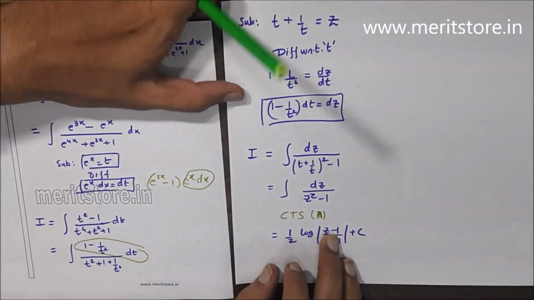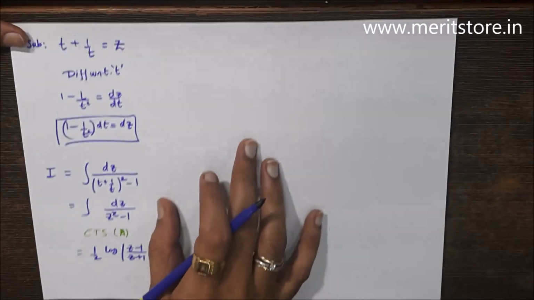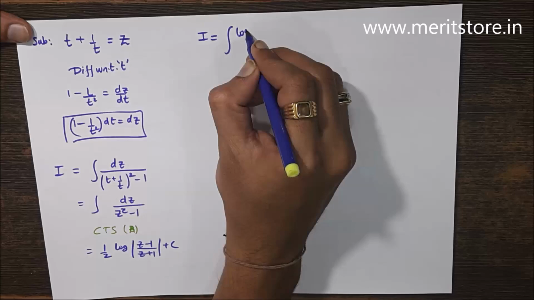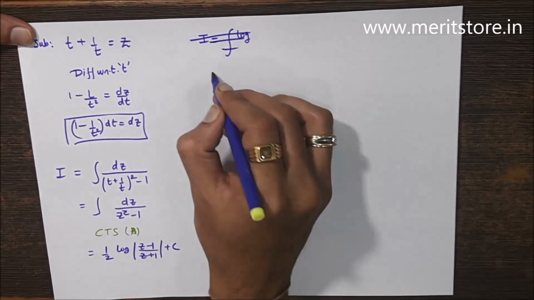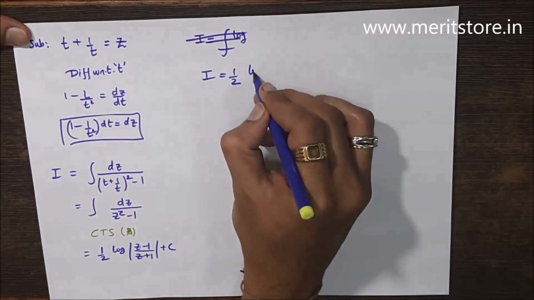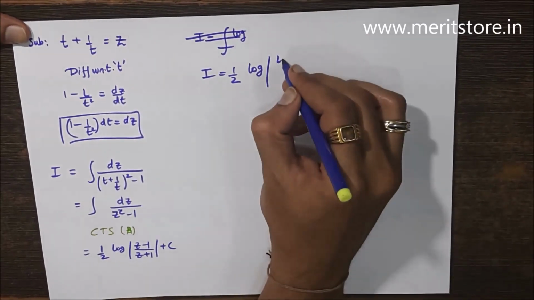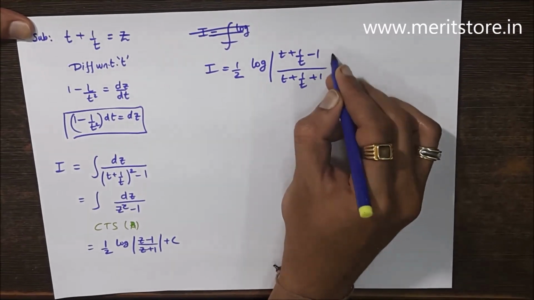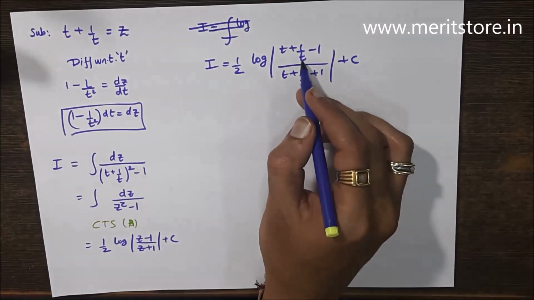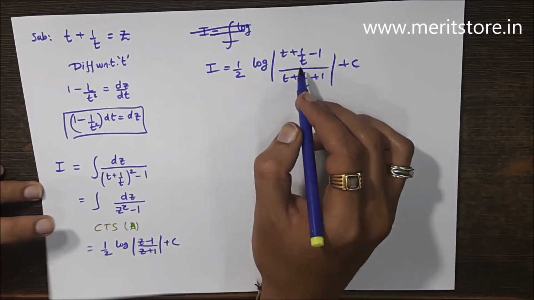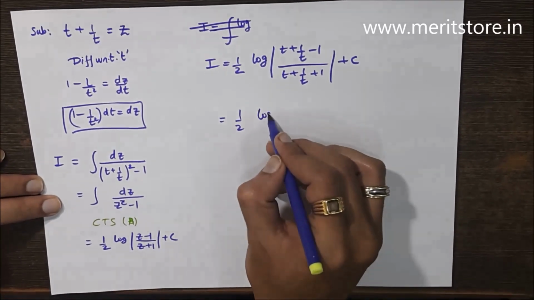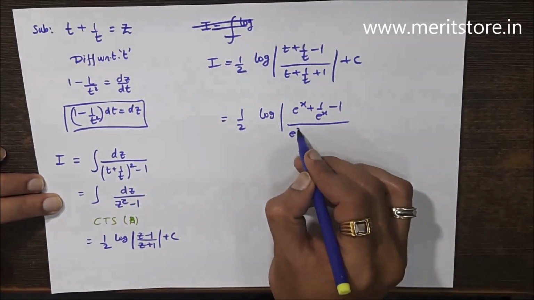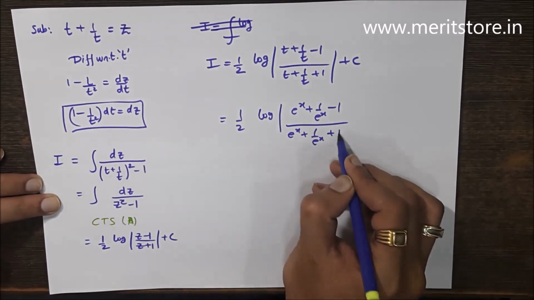Resubstituting the value of t, we get half of log mod t plus 1 upon t minus 1 upon t plus 1 upon t plus 1 plus c, and now instead of t we substitute e raised to x, which gives half of log mod e raised to x plus 1 upon e raised to x minus 1 upon e raised to x plus 1 upon e raised to x plus 1.